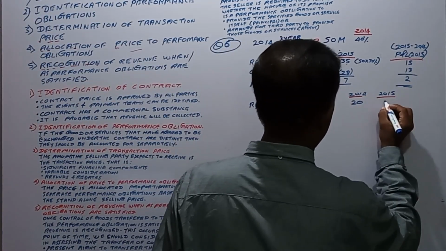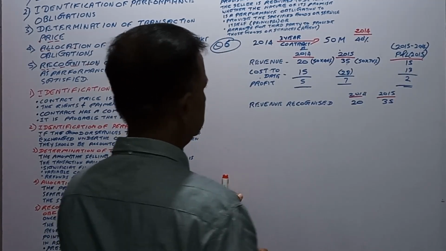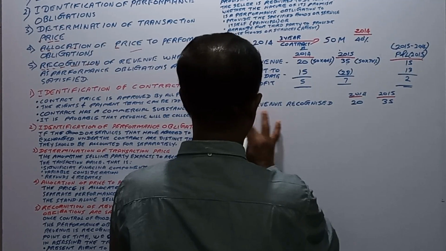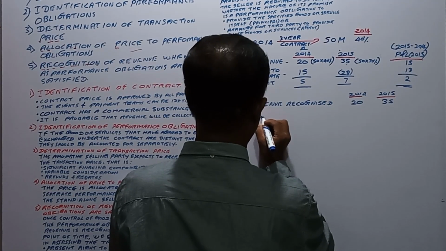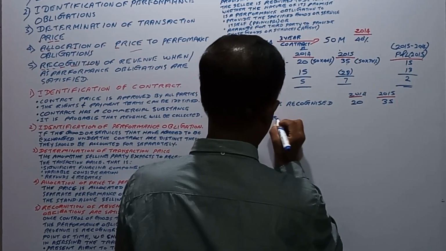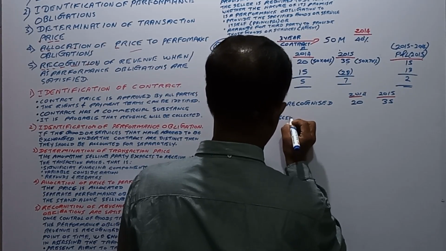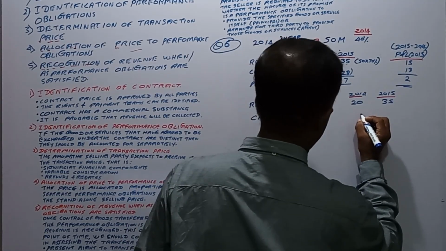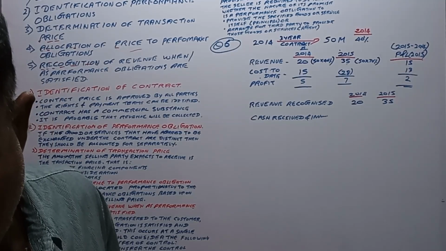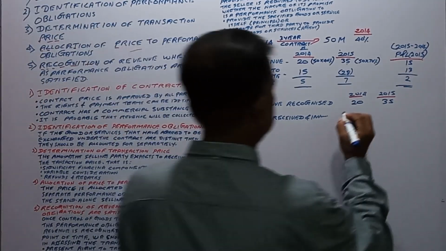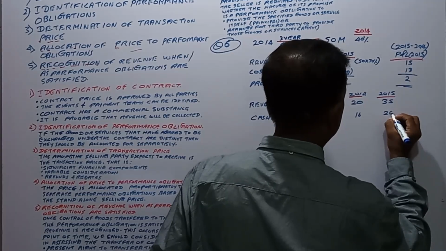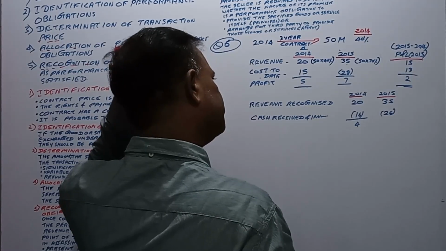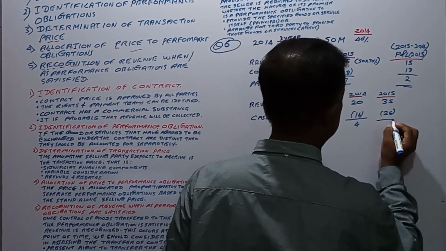Invoiced amounts, cash received, are how much? 16 and 26.